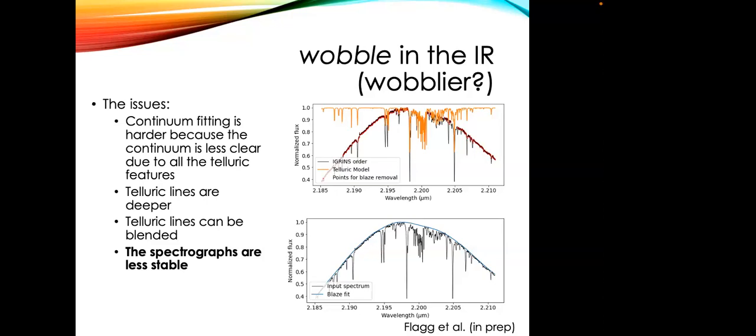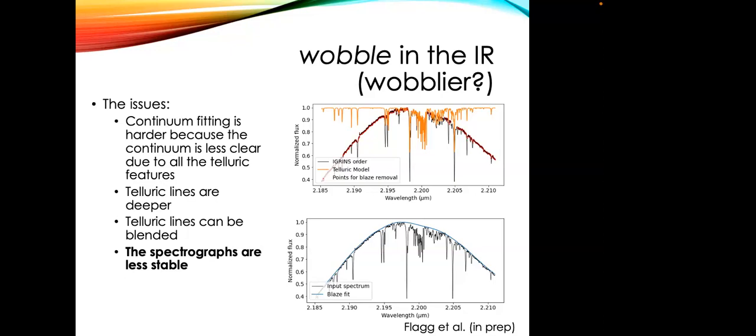Telluric lines are deeper, and as I mentioned, the deeper the lines, the worse the telluric contamination. Telluric lines are blended. This gets nasty where you have the CO2 blended with the water, or the methane blended with the water, everything blended with the water because water is everywhere. Apparently that blending makes it very difficult for radiative transfer modeling. Also, the spectrographs are less stable, and stability is key to being able to model out time series tellurics.